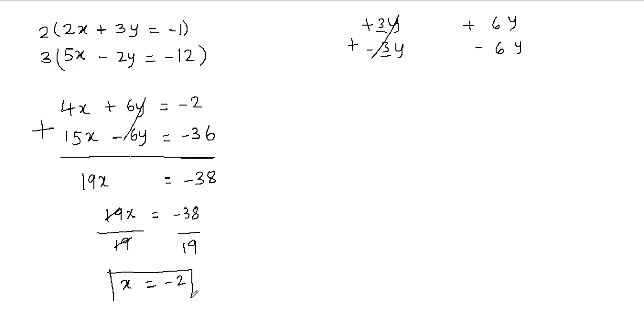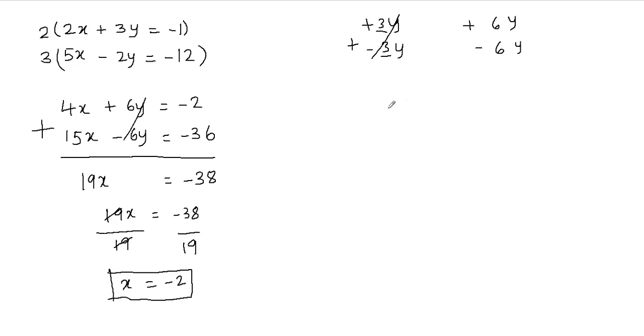Now I got the value of x. With the help of this, I can easily find the value of y. What I'm going to do is substitute the value of x in either of the equations. You can choose any one of the original equations. It really doesn't matter which one you choose. But I'll choose the first equation, substitute the value of x in the first equation, and solve it for y.